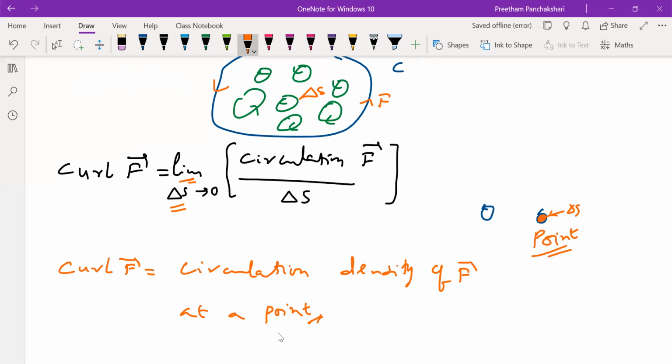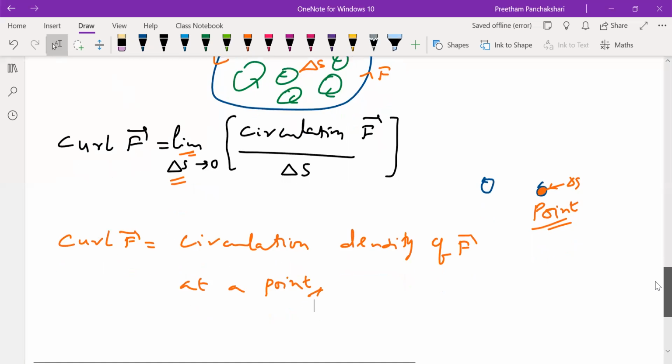So curl is defined only for a particular point. So if you want to define the circulation of a closed path, it has to be explained at a particular point. So that is it. So curl is the operation which introduces revolution or rotational force to a particular object about its own axis.